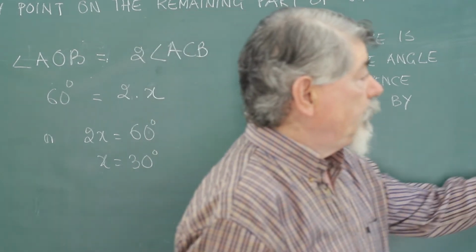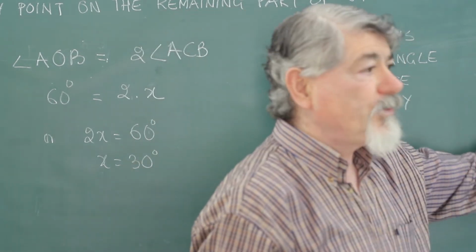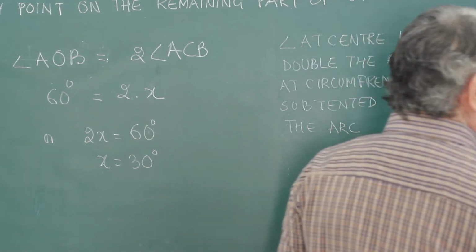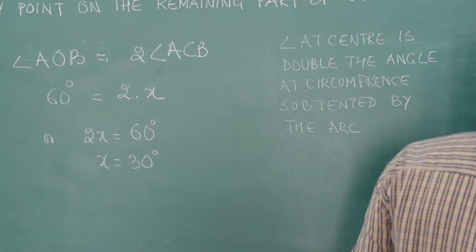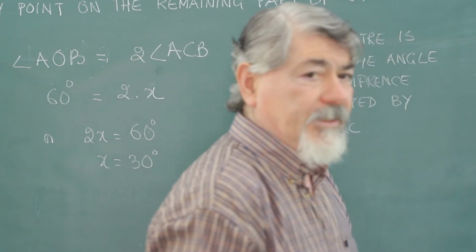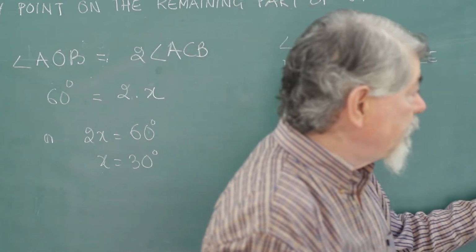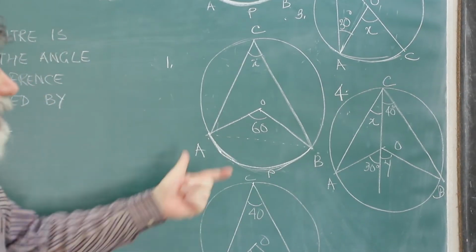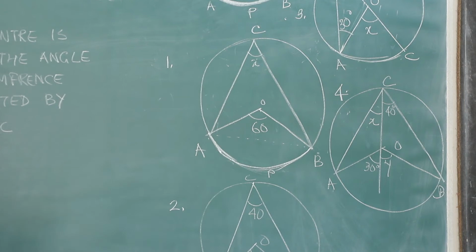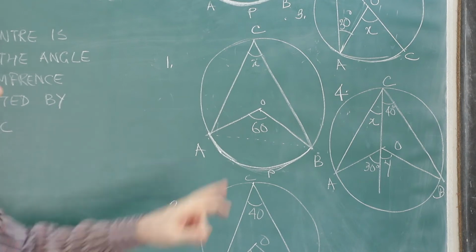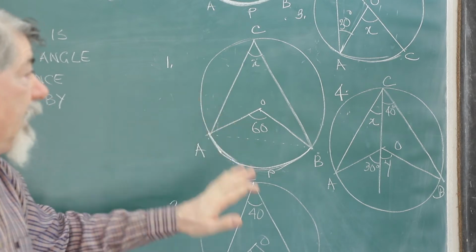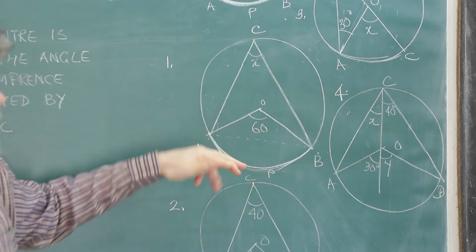For the angles AOB and ACB, you have to see that the base has to be the same. AB is the same. If I join A to B, the chord AB, you would realize that in triangle AOB and triangle ACB, the base is AB. So the relation holds only when the base is the same.